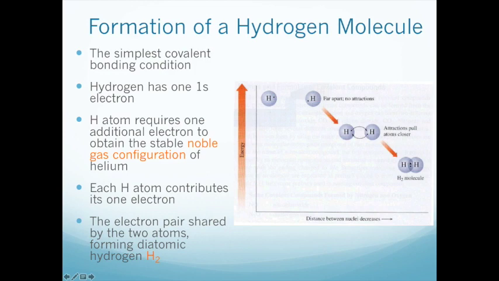And this structure is lower in energy than the two hydrogen atoms being free in space. This is known as diatomic hydrogen or molecular hydrogen, and it is pretty widely used in chemistry due to its high reactivity.